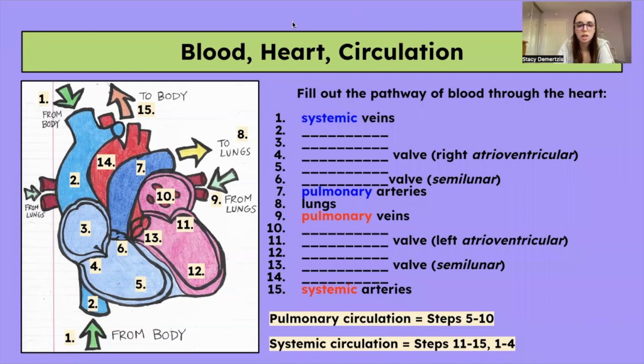I think if you guys tell me your answers, I can type on these lines right here. All right, so number 1, we have systemic veins, which are carrying deoxygenated blood, hence why we highlight it in blue to remind ourselves that. What is the next structure that the blood is going to travel through when we're entering the heart?